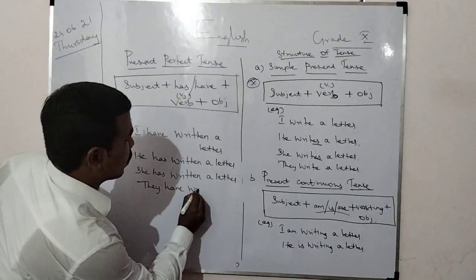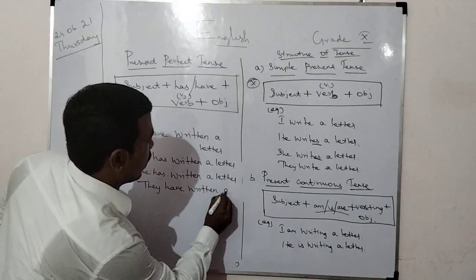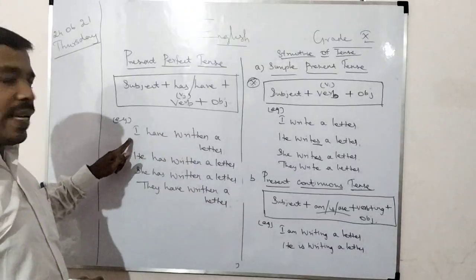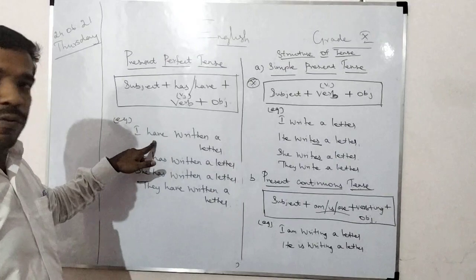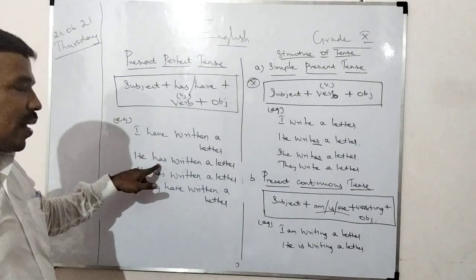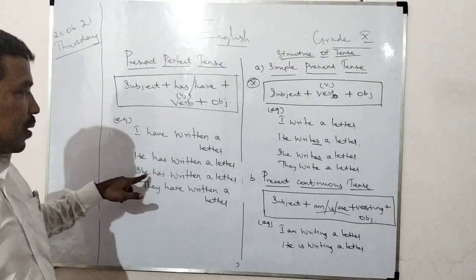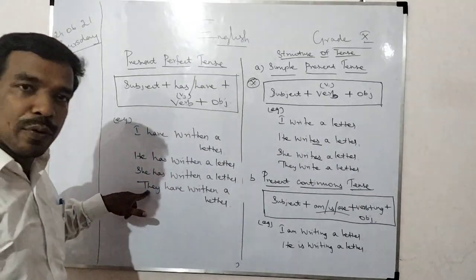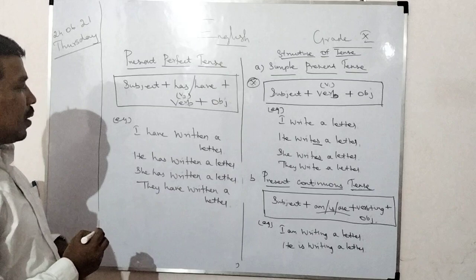They have written a letter. Keep it in your mind. I is first person singular, have. He is third person singular, has. She is third person singular, has. They have; they is third person plural. So we are using it like this.